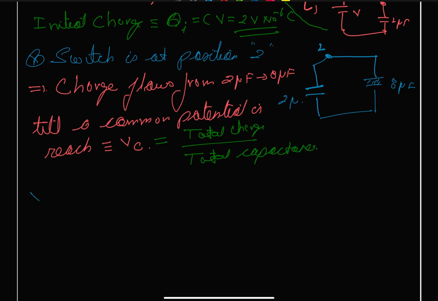Therefore we can write Vc will be equal to 2V into 10 to the power minus 6, divided by the total capacitance, our 2 plus 8 microfarad, that is 10 into 10 to the power minus 6. The 10 to the power minus 6 cancels out, and the 2 goes with 5. So we get our common potential Vc equal to V upon 5 volts.